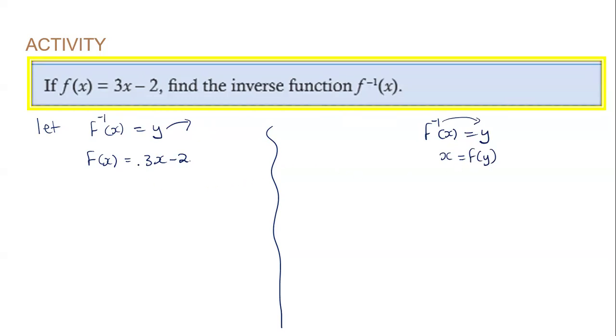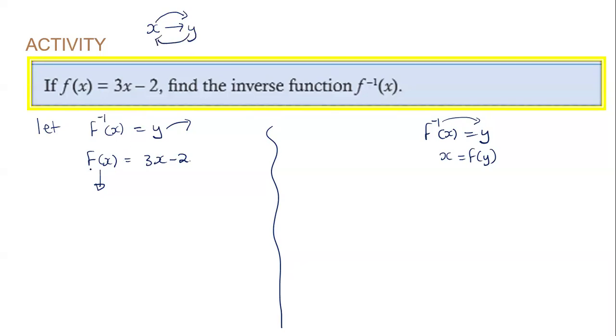It means that where you have your f of x, you are going to replace it, like we said that inverse is a matter of interchanging. Your x becomes the y. So where you have x, you put y. Where you have y, you put x.